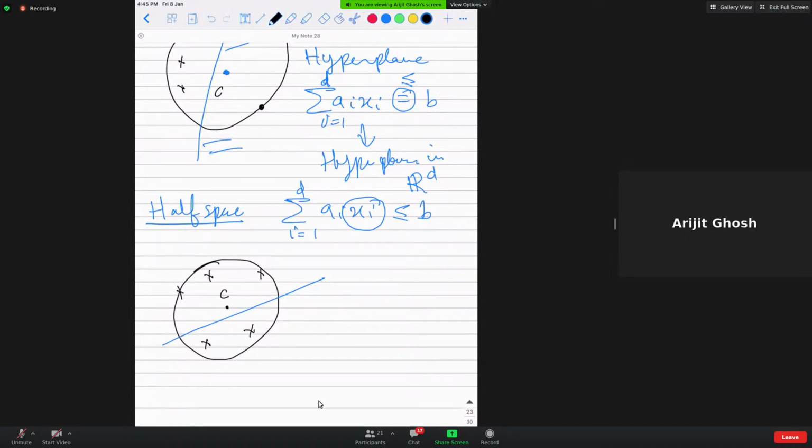This is the only technical thing that we need to prove Clarkson's result.